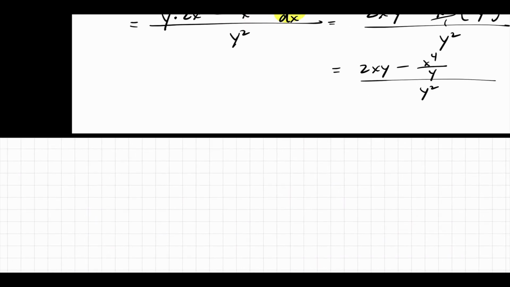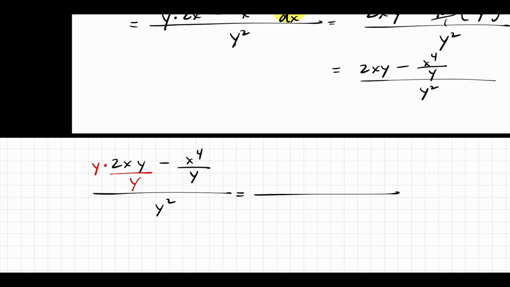But then I need to find common denominators. Common denominator is going to be y. So I get 2xy squared minus x to the fourth over y.